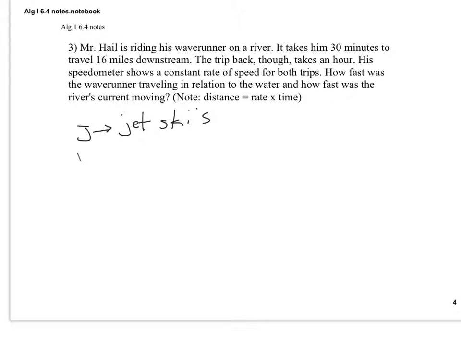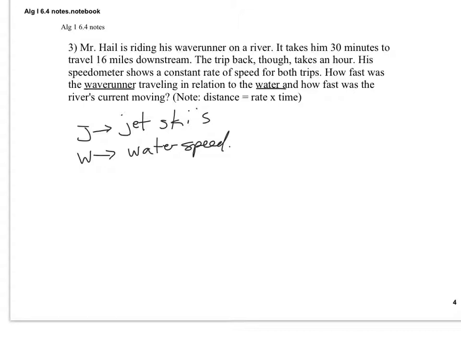And then I'm going to use W for the rate of my water. So I've got the wave runner, my jet ski, that I'm going to call J, and my water, how fast is the water going, so my water speed. Okay, so now I need to write my system of equations.